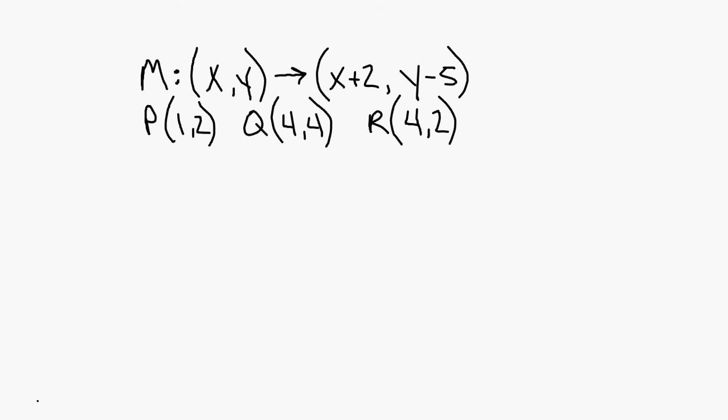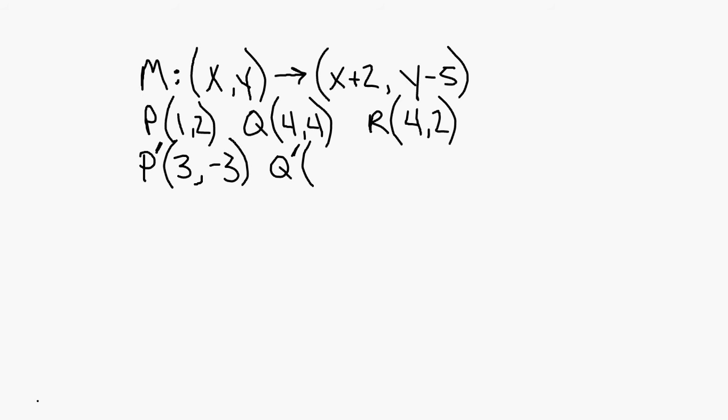Now, here's the notation you're going to use after the transformation. P is at 1, 2. The new P is going to be called P prime. Its coordinates are going to be 1 plus 2, which is 3, and 2 minus 5, negative 3. So P prime is located at 3, negative 3. Q prime: that mark on top of the Q is the symbol for prime.